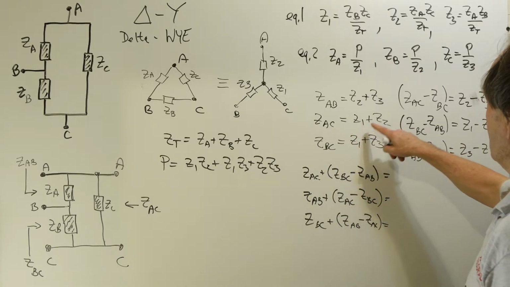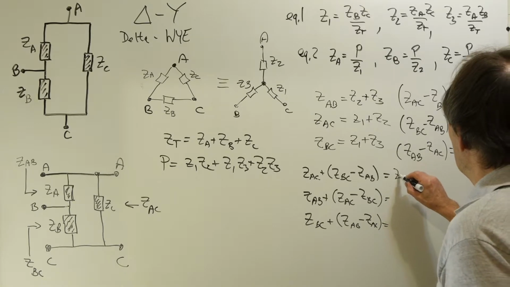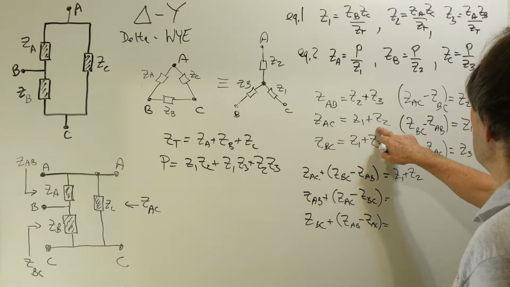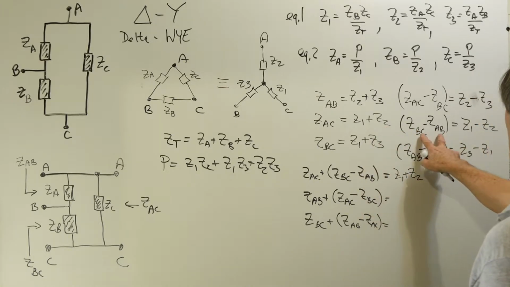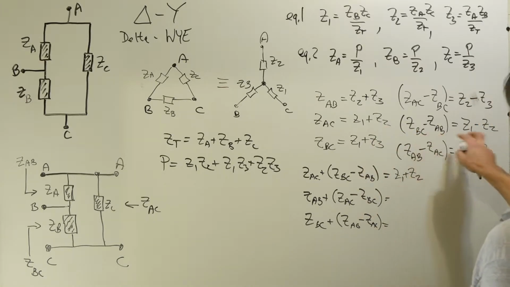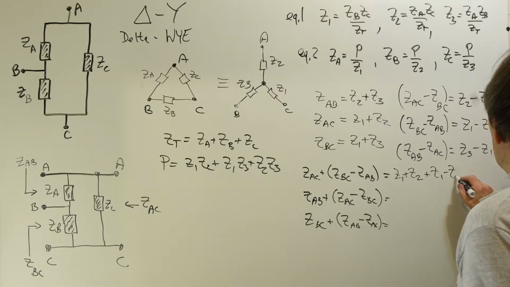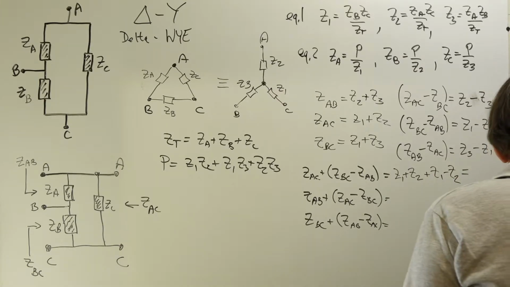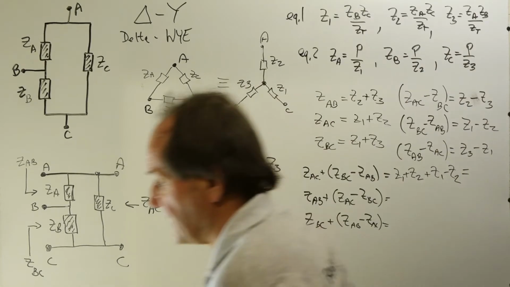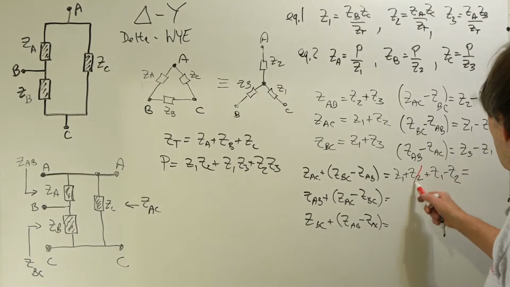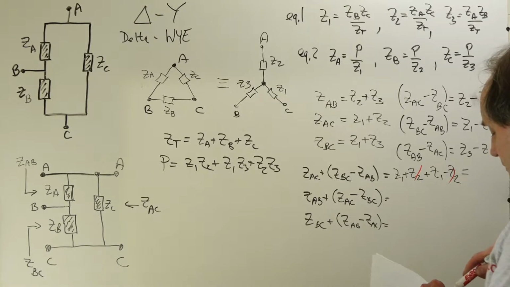ZAC is Z1 plus Z2. I'm going to add to it this equation, which is Z1 minus Z2. And we see that our Z2's cancel, and we're left with 2Z1.